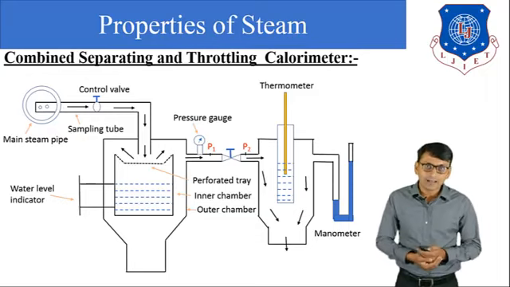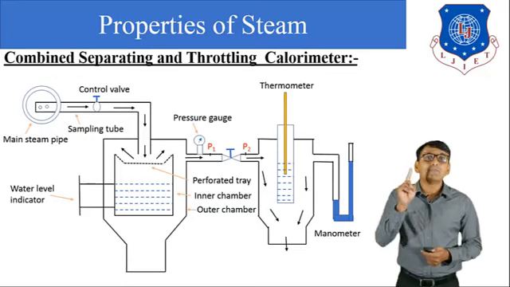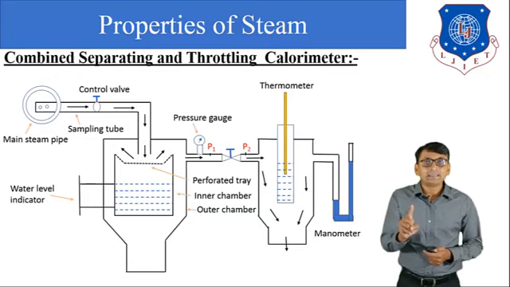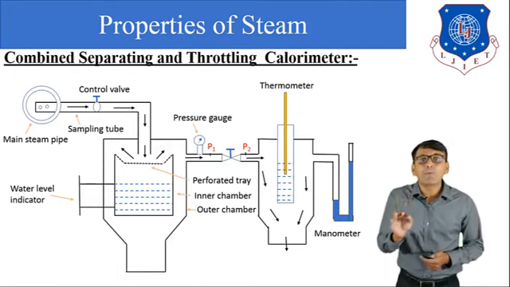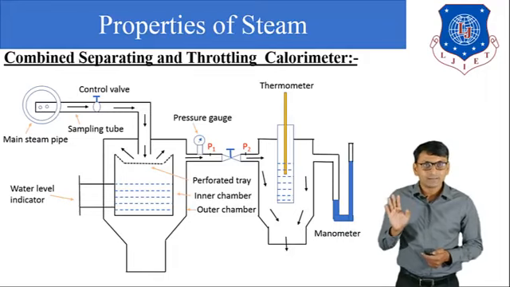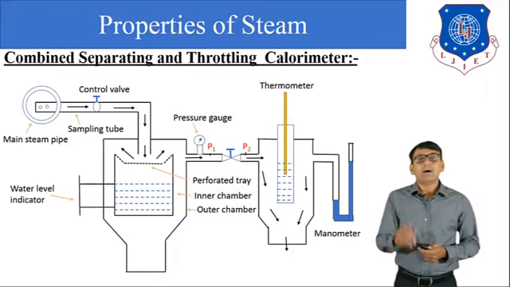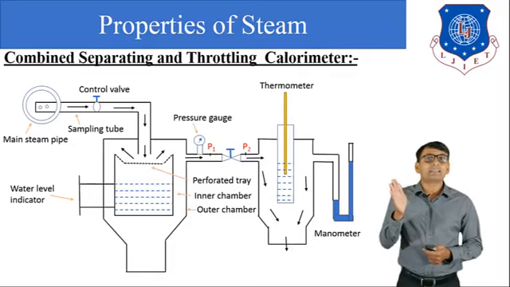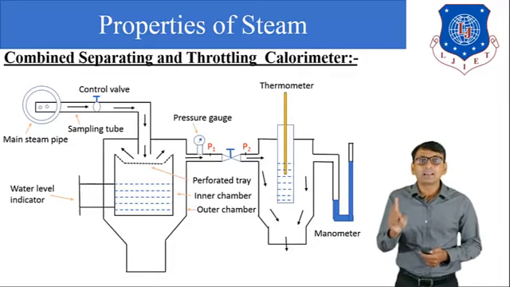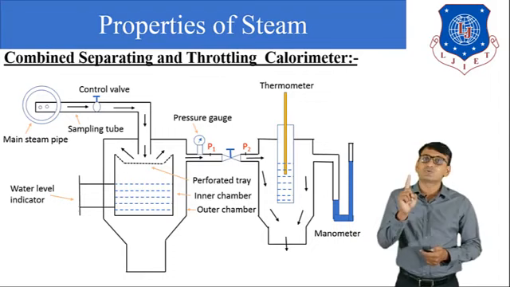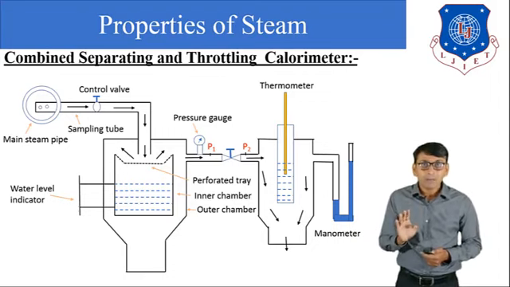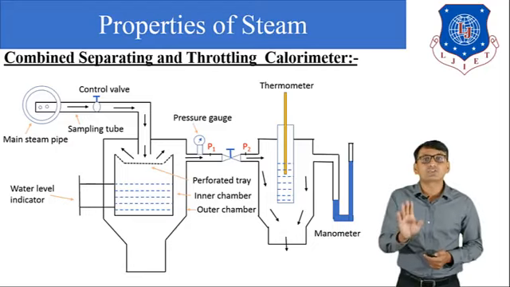Now this remaining steam passes toward the throttle valve. At point 1 there is wet steam containing very few water particles at pressure P1, which is measured by the pressure gauge. This wet steam passes through the throttle valve and is converted into superheated steam, but enthalpy during this process remains constant.